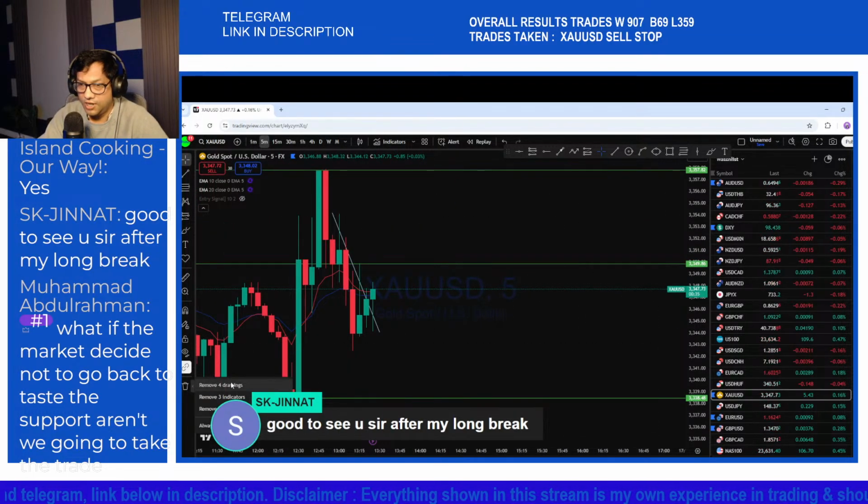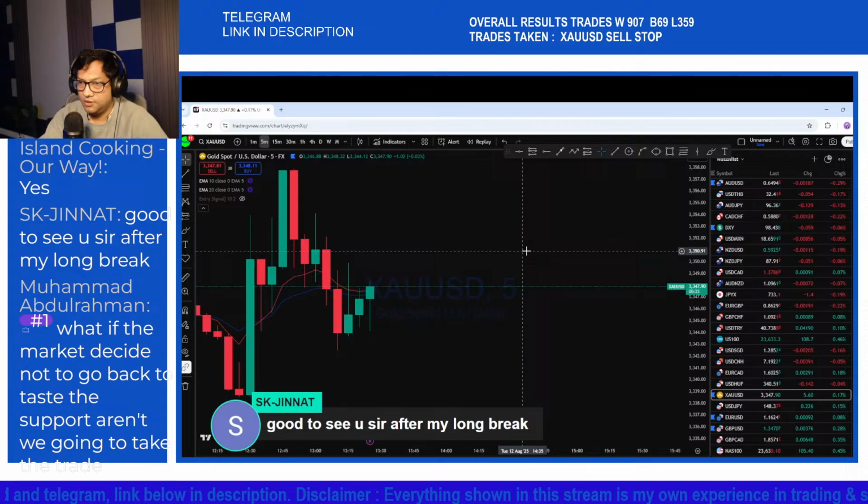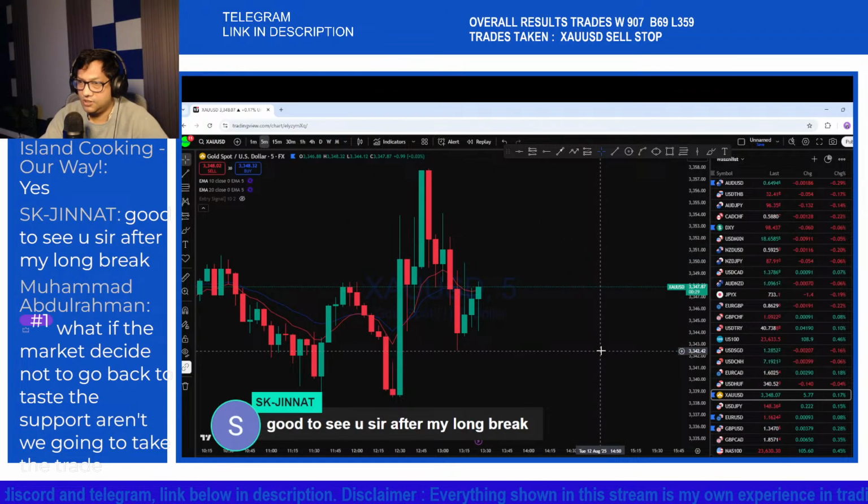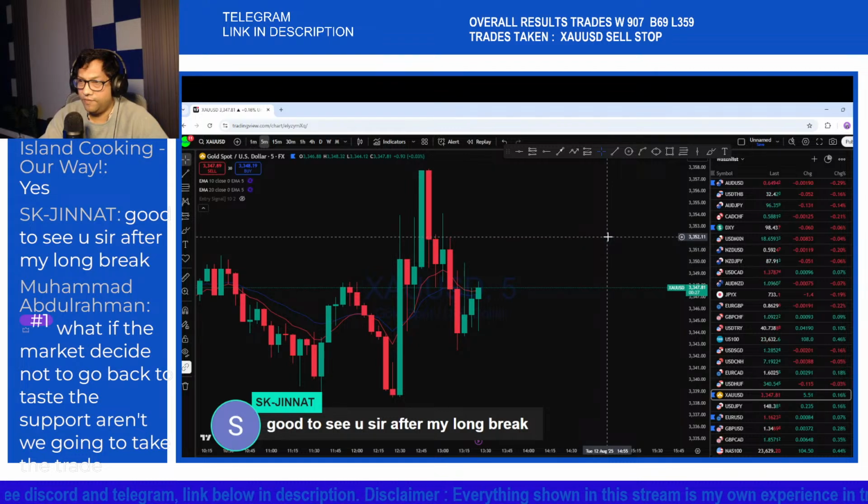Let's delete those lines here, and the nearest level that you can see in this market is from the 5 minutes.